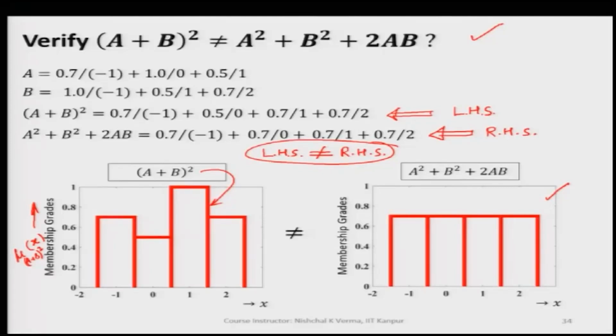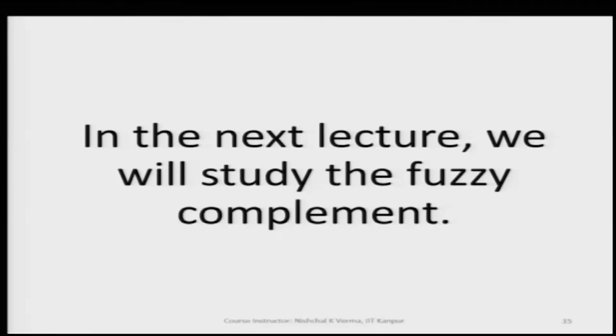So, you see the difference, that this does not hold good for fuzzy numbers, and the same holds good for the crisp numbers. So, we will stop here in this lecture, and in the next lecture we will study the fuzzy complements. Thank you.